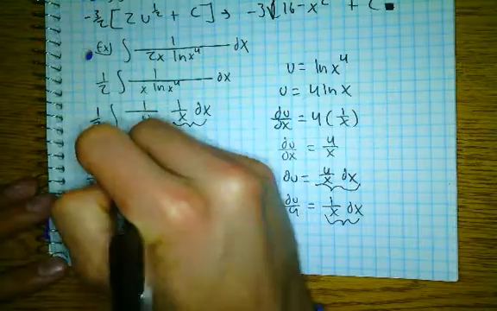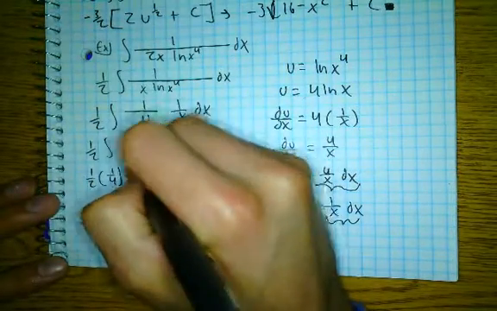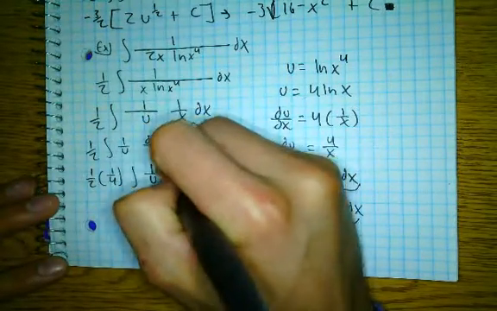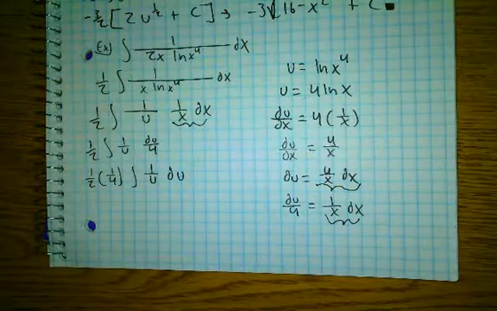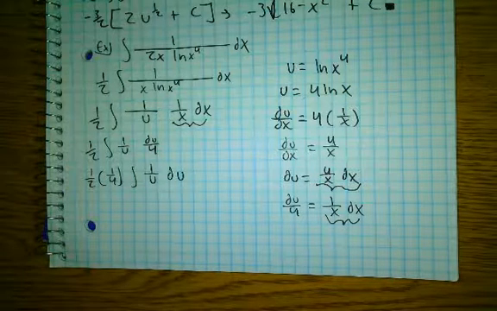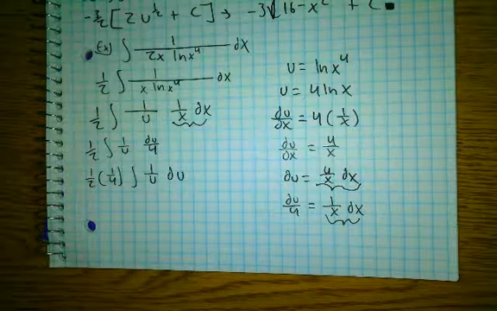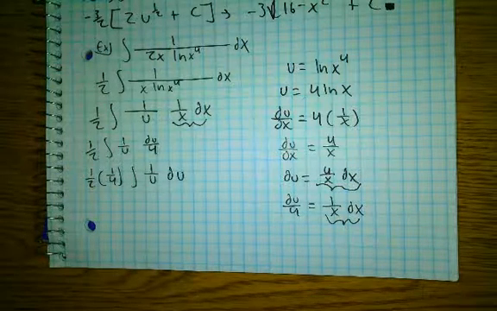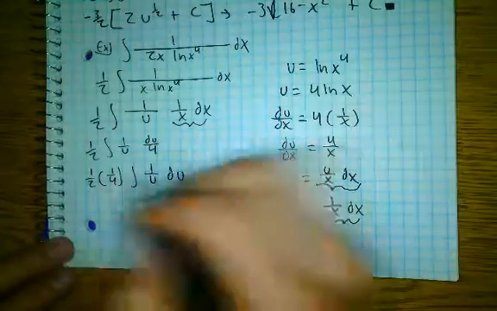That took a lot of steps, a lot of manipulations, so that we can finally get to the calculus part of it. Agreed? Because we haven't really done any calculus if you think about it. All we've done has been prepare this problem so that we can actually do the calculus on it. So this becomes 1/8 times, well, what's the antiderivative of 1 over u? Natural log of the absolute value of u plus c.